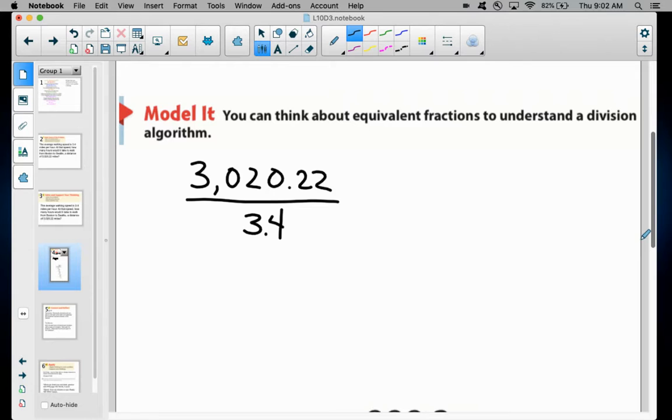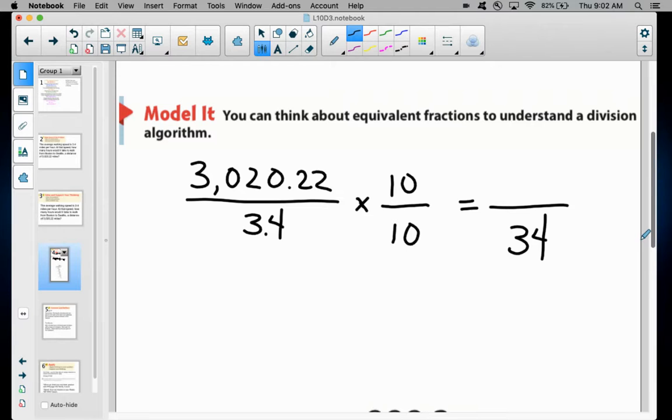The problem with division with decimals, we don't want our divisor to have a decimal part. We want it to be a whole number. So in order to do that, I'm going to use my base 10 trick of multiplying that 3 4/10 by 10 will make 3 4/10 change to 34. But since this is fractions, what we do to the bottom, we have to do to the top.